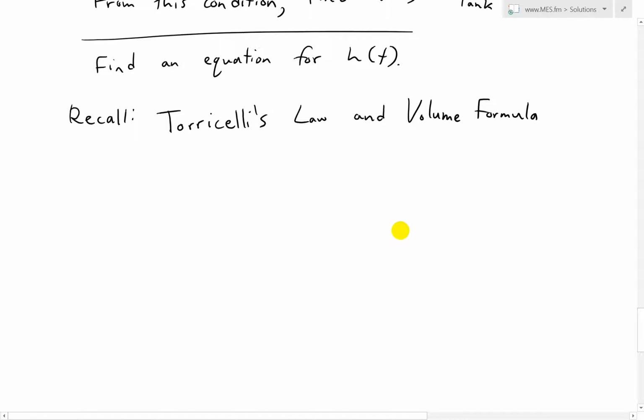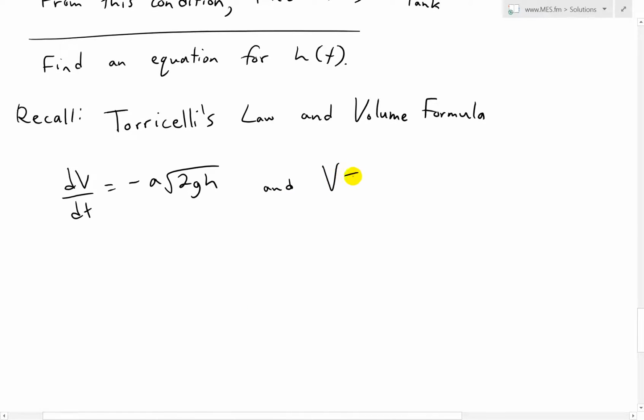So what we have is Torricelli's law, dV over dt equals negative A times the square root of 2gh, and I'll get to A and g in a bit. And the volume of a cylinder is V equals pi r squared, which is the area of a cross section, times the height of the cylinder.